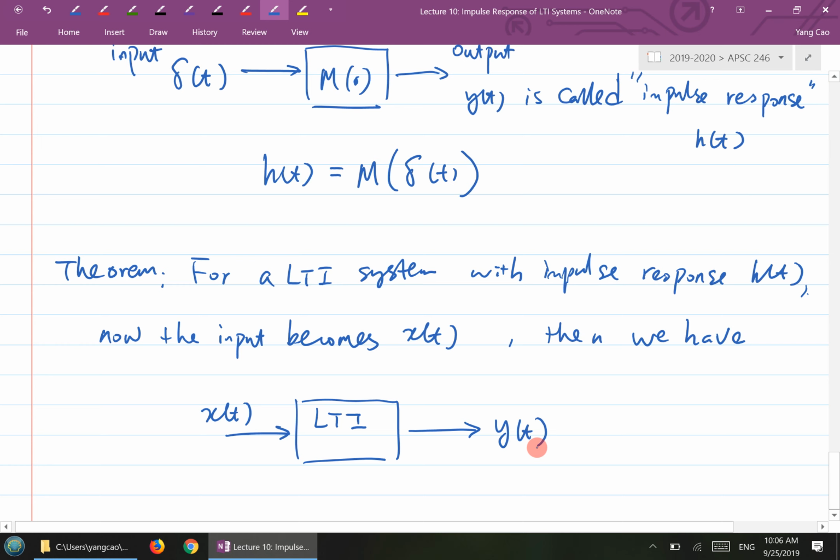And because this is an LTI system, and also because you have this impulse response h of t, in this case you don't even have to do any experiment. Your output here will be a convolution between your current input and the impulse response.